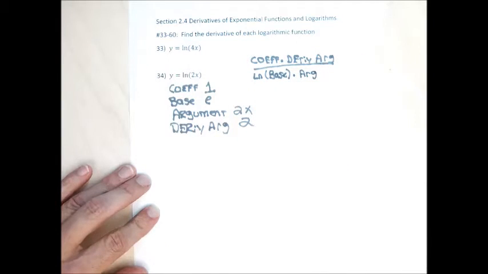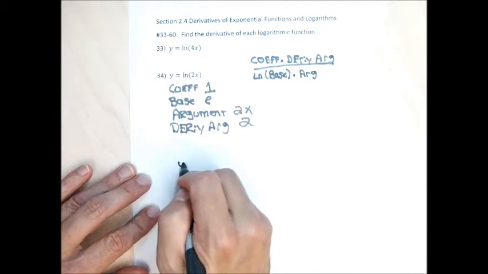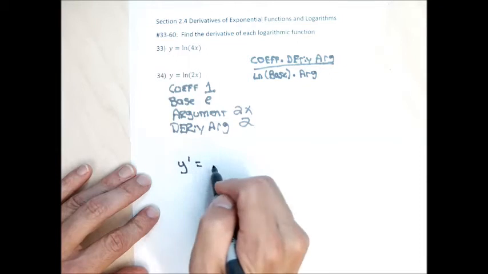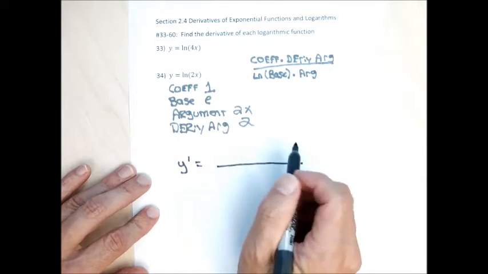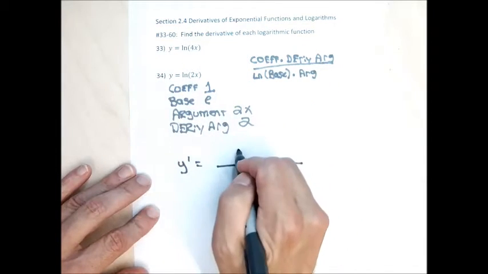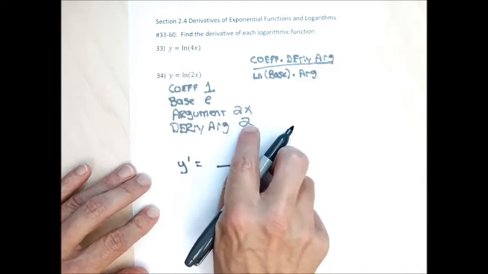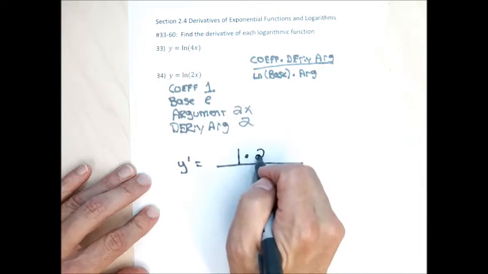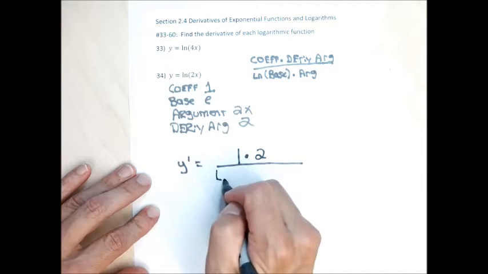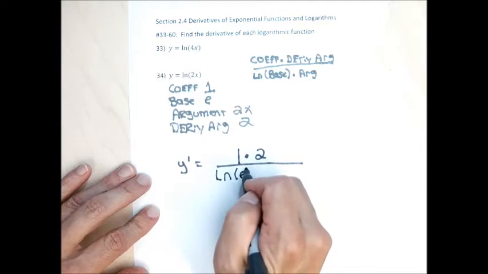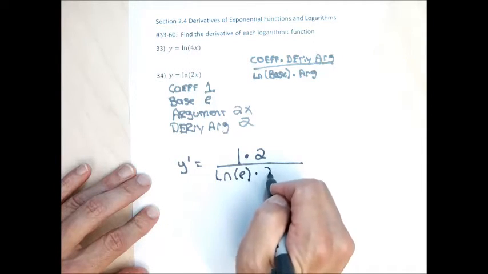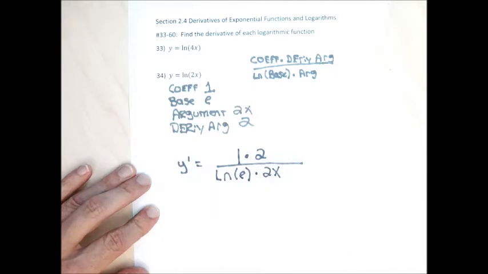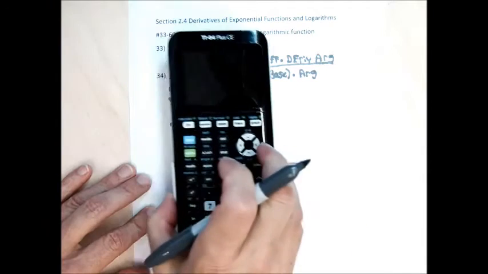So if I want to be super detailed here and write a couple things that I probably wouldn't normally write, I'm going to do that. I'm going to write the coefficient that's assumed to be 1 times the derivative of the argument, which is 2, divided by the natural log of the base, which is the natural log of e, times the argument, which is 2x. That's the derivative.